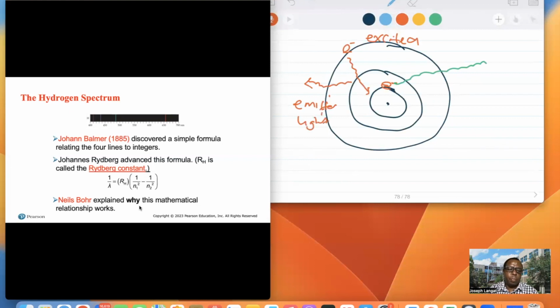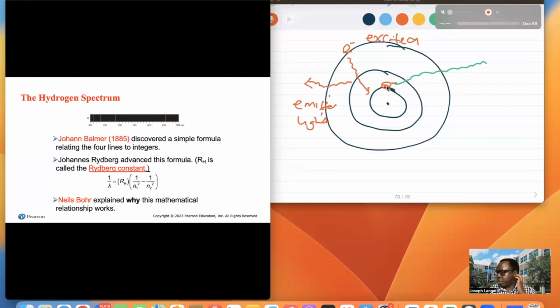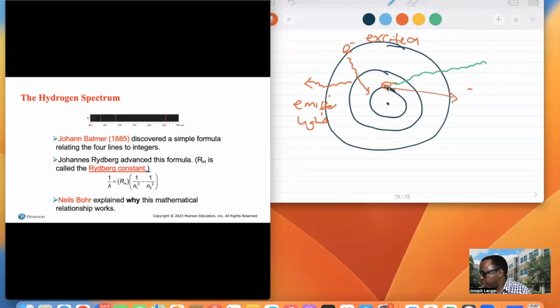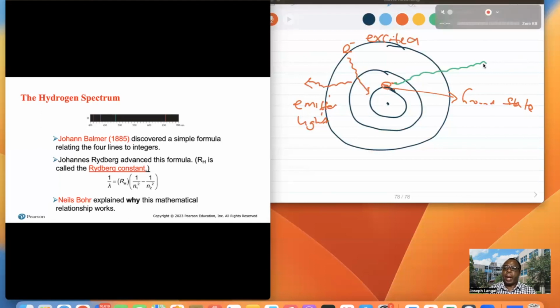So let's explain why this mathematical relationship works in calculating the wavelength. Bohr proposes that if light interacts with an electron in the ground state, where it is starting originally, energy from the light, from the packets, will be transferred to the electron and it will jump to a higher energy level.